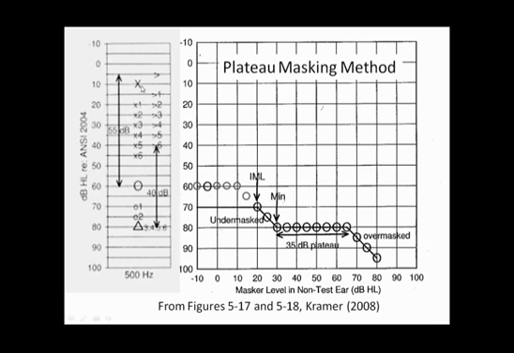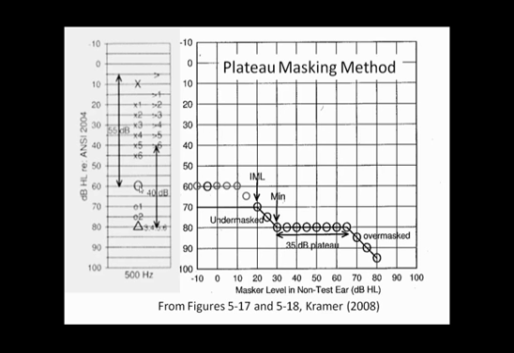I want you to focus on the fact that for this ear at 500 hertz, the left ear air conduction threshold is 10 dB. The unmasked left bone conduction threshold is at 5 dB HL. And the unmasked air conduction threshold for the right ear is 60 dB HL.